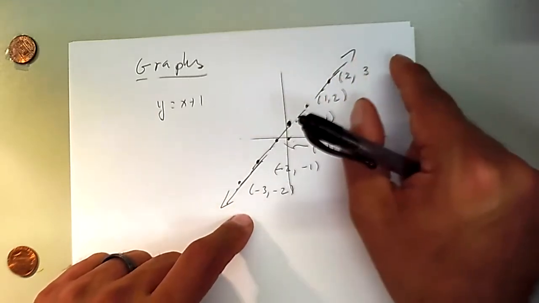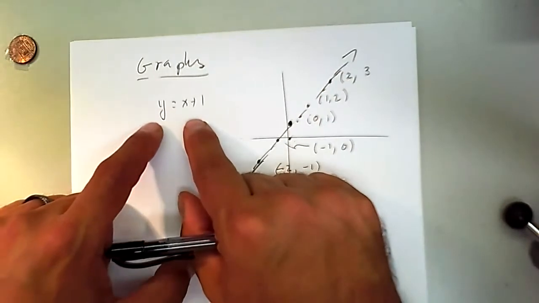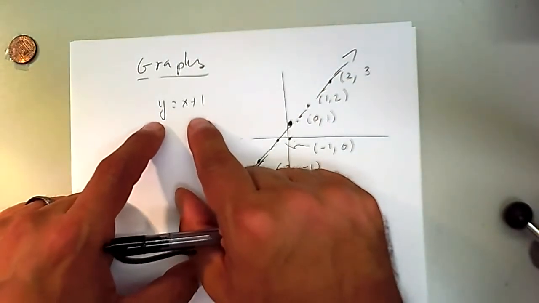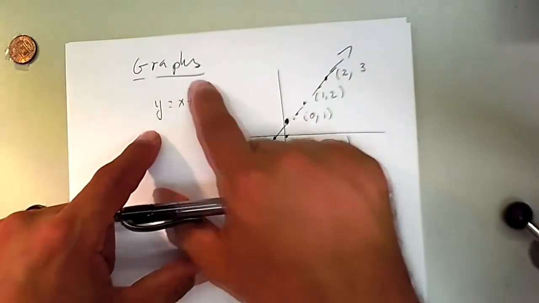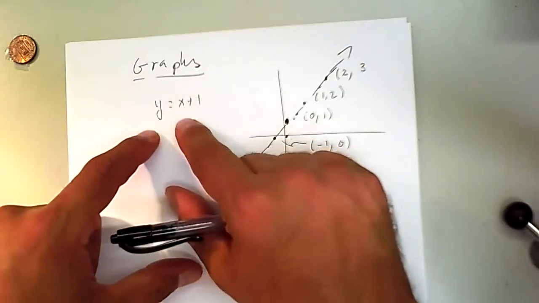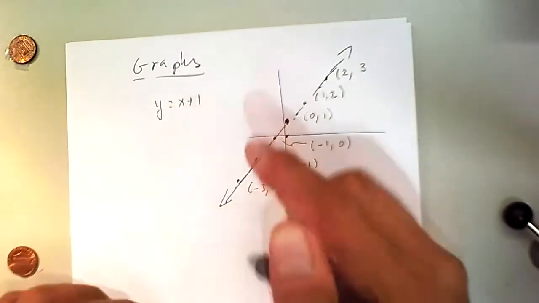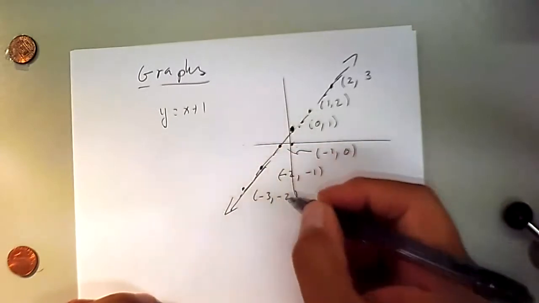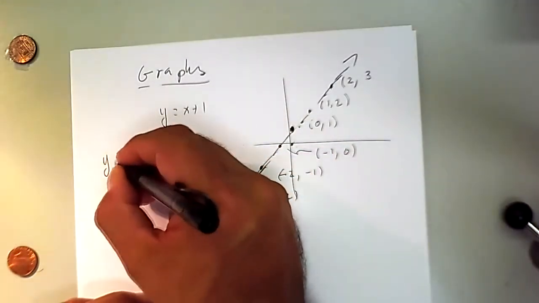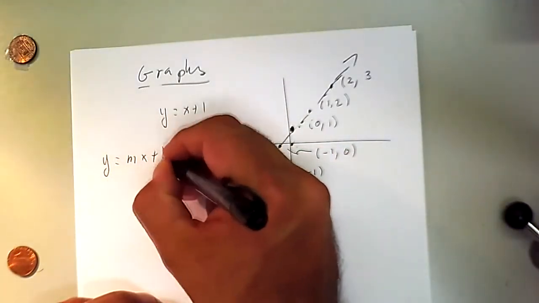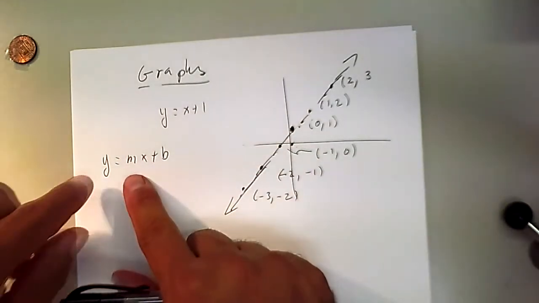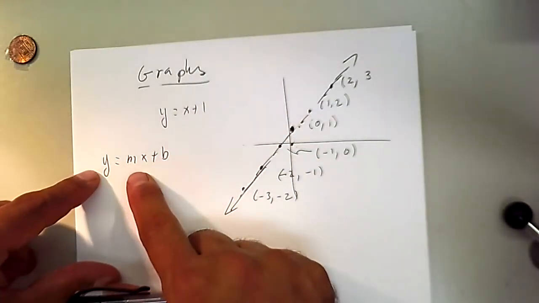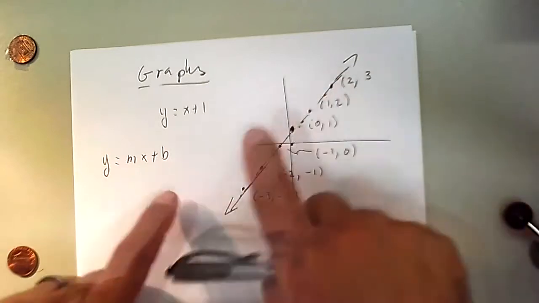In addition to that, we are learning how to identify the graph of a function by its equation. Once you look at the equation, you probably have seen this from intermediate algebra. If you have y equals mx plus b, you probably remember that that's going to be a straight line, where m is the slope.